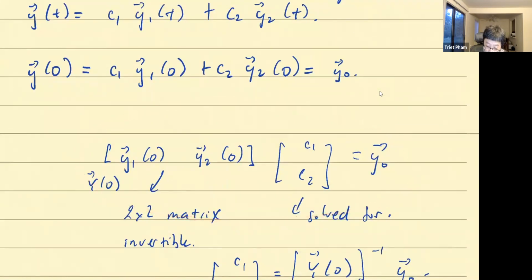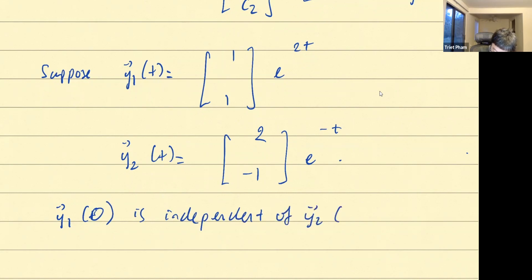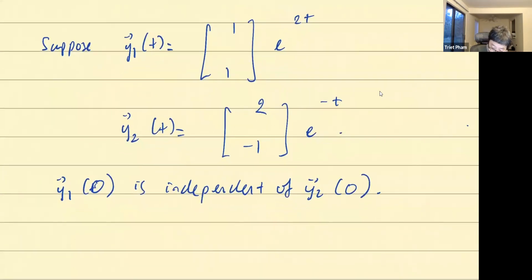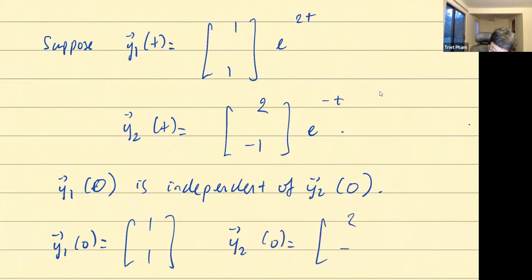First of all, y1 of 0 is independent of y2 of 0. How? Well, y1 of 0 is 1, 1, and y2 of 0 is 2, minus 1. So they're independent.